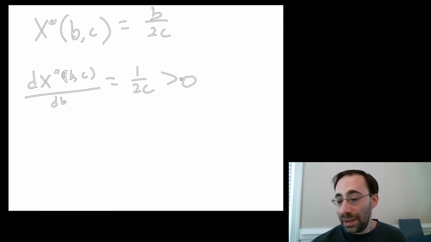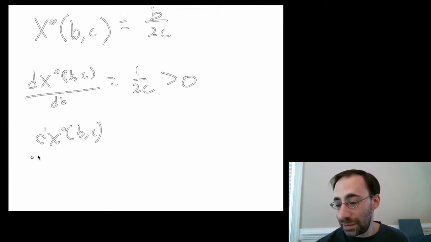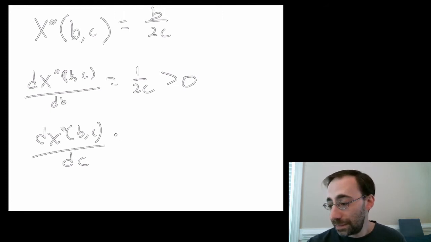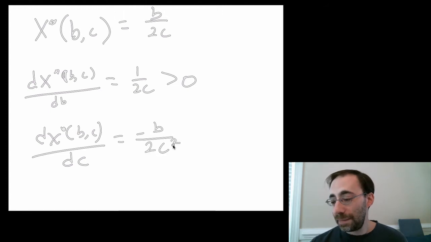The same thing with c, the cost, and you might guess that it should be decreasing. So we'll check that. Here, b is a constant. The derivative of 1 over c is, remember the power rule, negative 1 over c squared. So you get that.